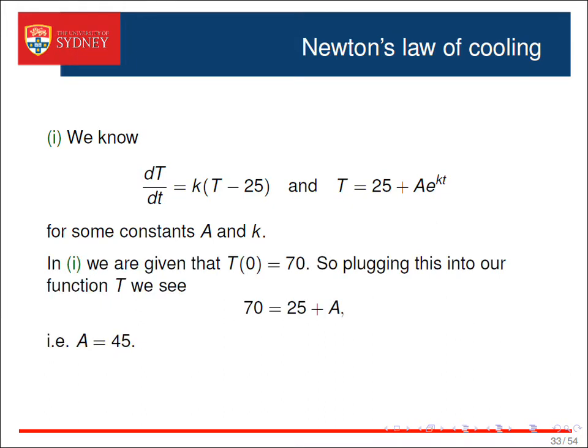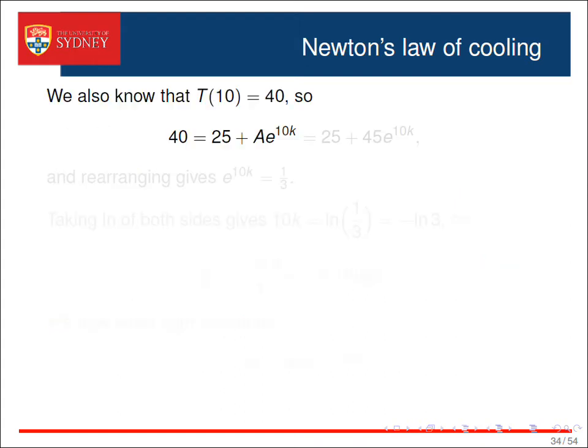We know T of 0 equals 70, so plugging this into our function, we see 70 equals 25 plus a, which means a equals 45. But we also know T of 10 equals 40. Plugging this in, we get 40 is equal to 25 plus 45 e to the 10k.